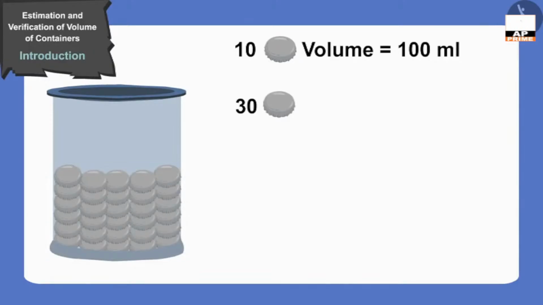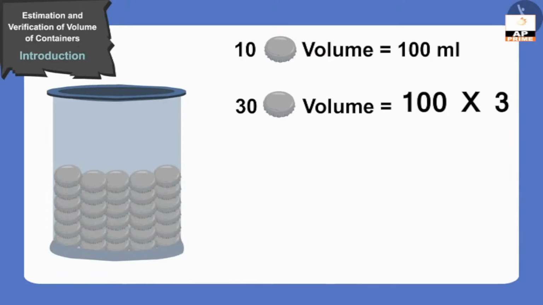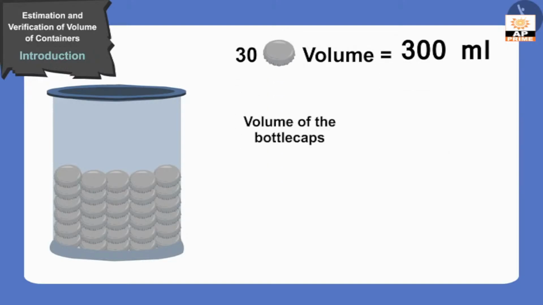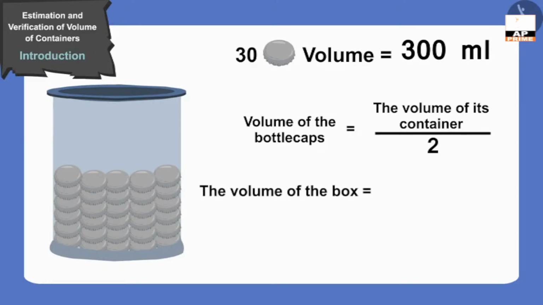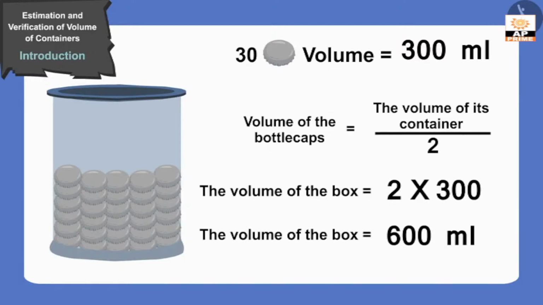This will mean the volume of the bottle caps collected by Babban is 100 times 3, that is 300 milliliters. But the volume of the bottle caps collected by Babban is half the volume of its container. Therefore, the volume of the box of Babban will be 2 times of 300 or 600 milliliters.